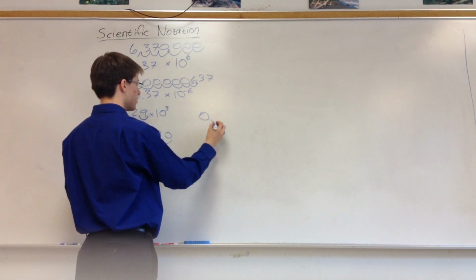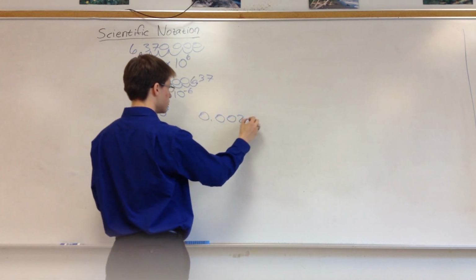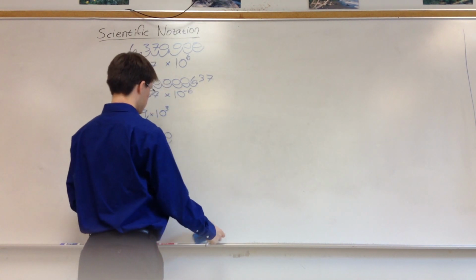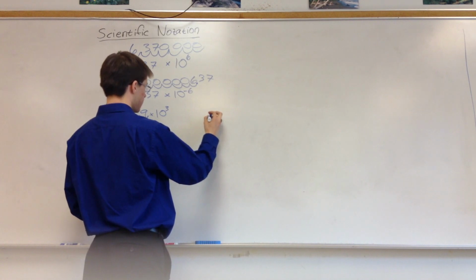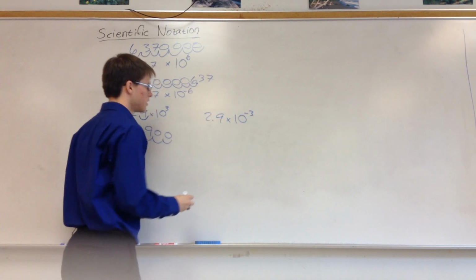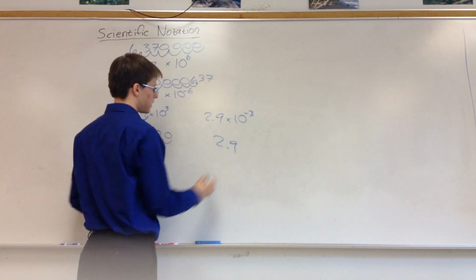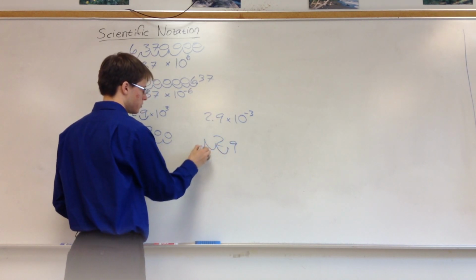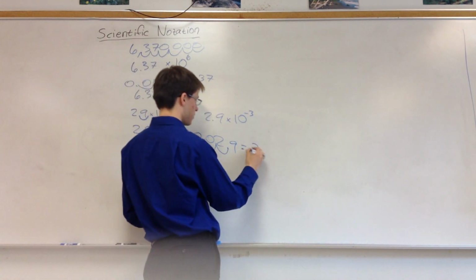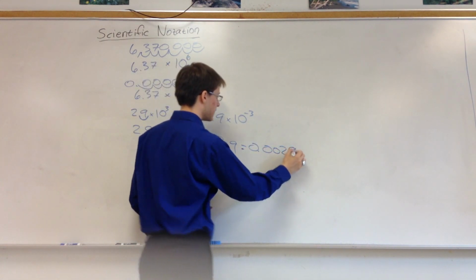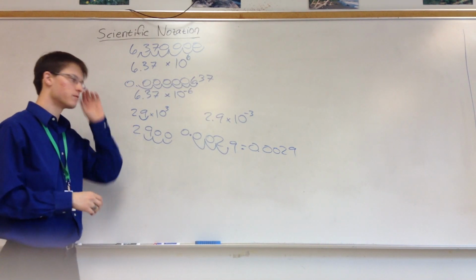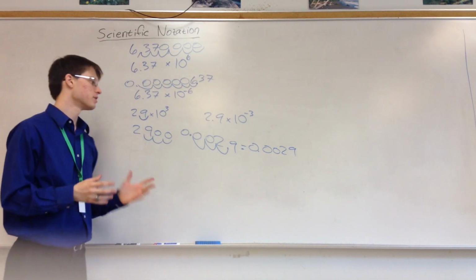Similarly, suppose I have 2.9 times 10 to the negative third. Well, here we're going to move it 3 spots to the left: 1, 2, 3. And this is 0.0029.